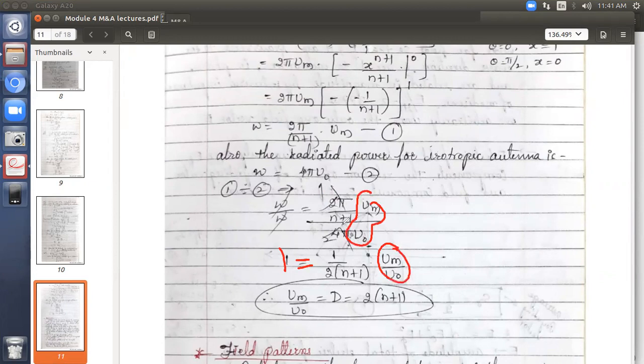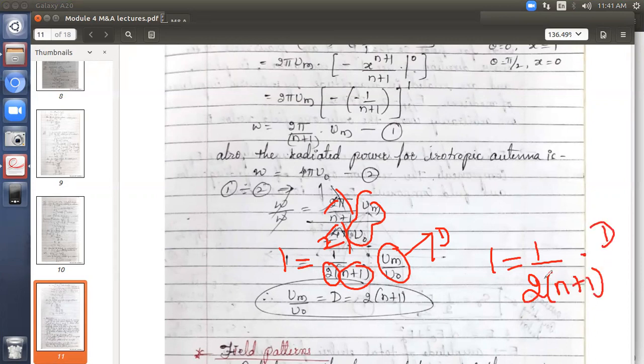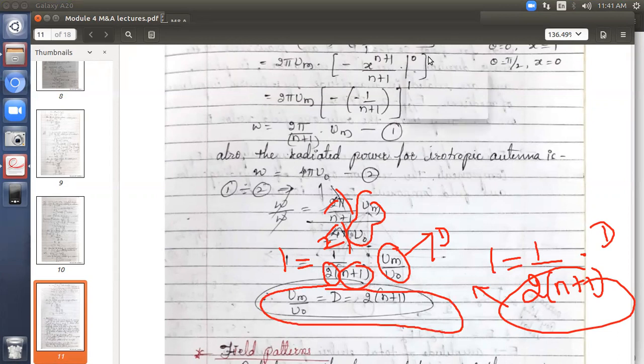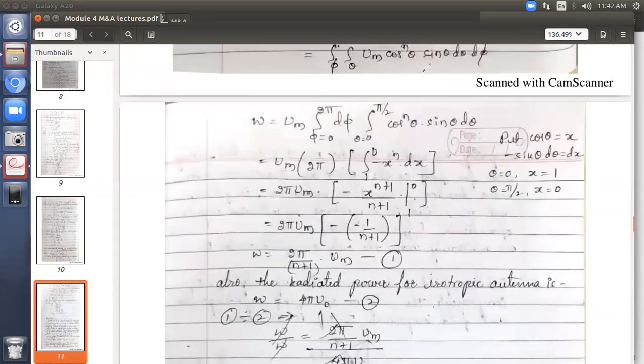The 2 and 2 will cancel, so this 2 is in the denominator, and in the denominator you have n plus 1. So this is equal to D. The equation is 1 is equal to 1 by 2 of n plus 1 into D, or D is equal to, take this to the other side, D equals 2 times n plus 1.